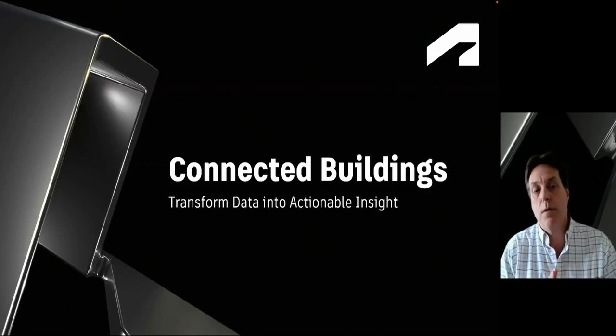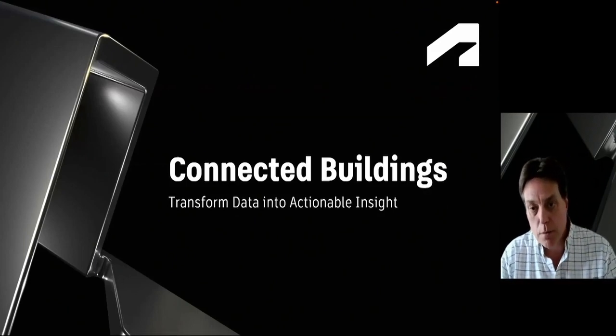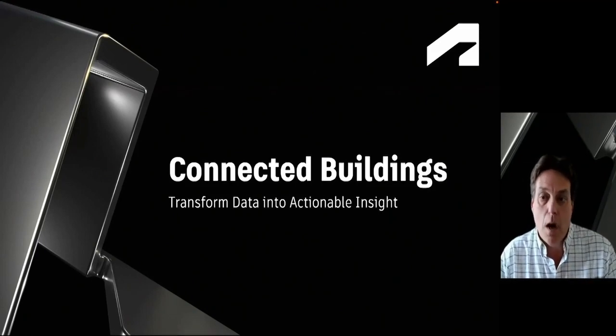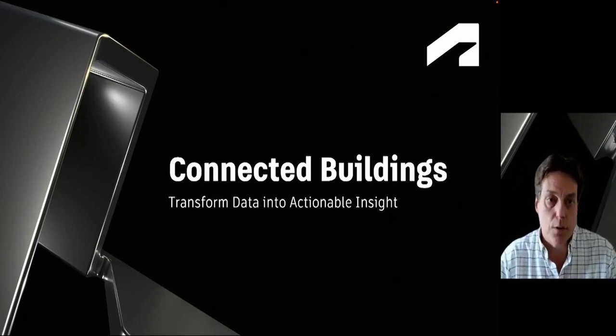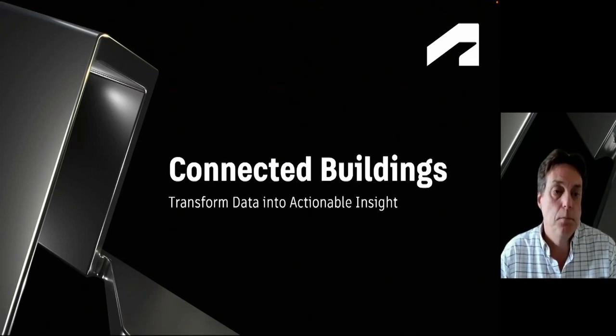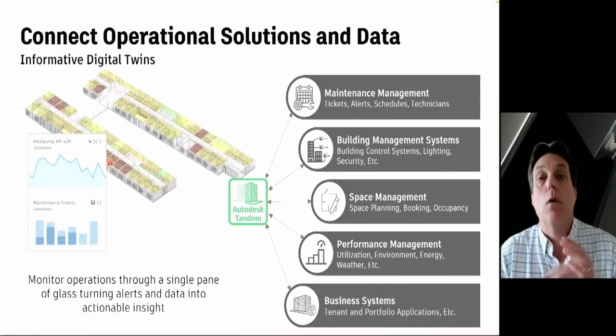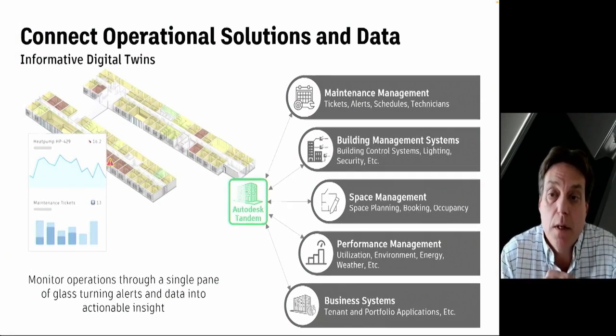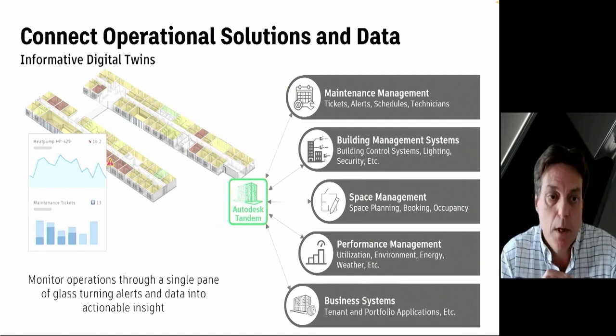So far, we've talked about how we provide the descriptive digital twin context. Now let's look at how we'll connect that to operational solutions and data. We'll create those connections by linking the assets, spaces, and systems in Tandem to operational systems and data. We do not intend to replace existing operational systems or build our own IoT platform.